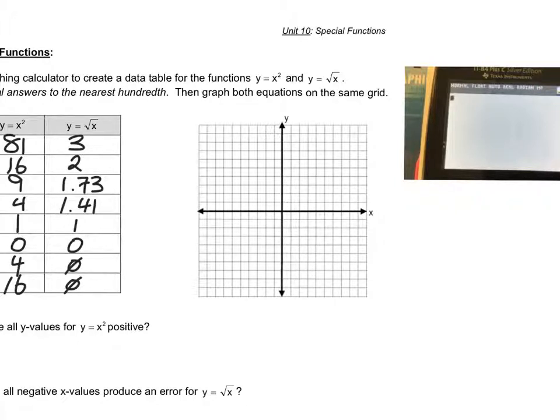Right, so we want to plot these points, but only the reasonable ones, because 9, 81 is not going to fit on the graph unless we scale it. But 0, 0 is beautiful, so why don't we start with that? 1, 1 works in both cases.